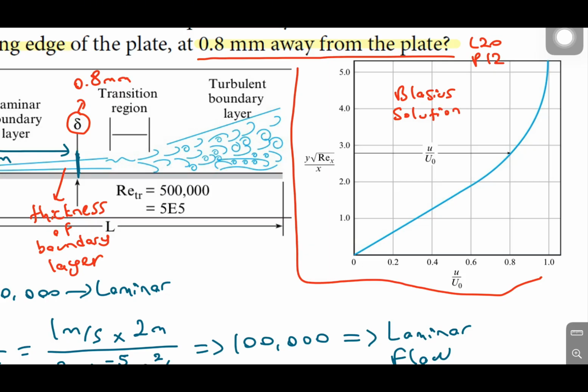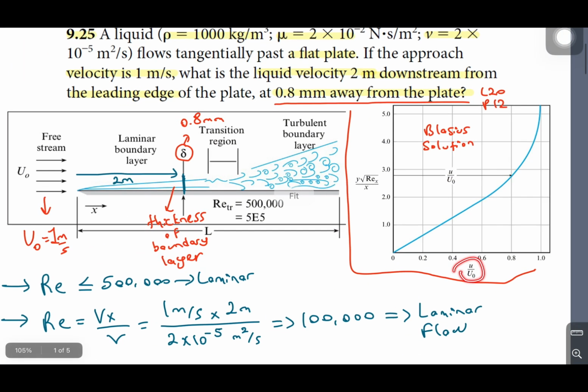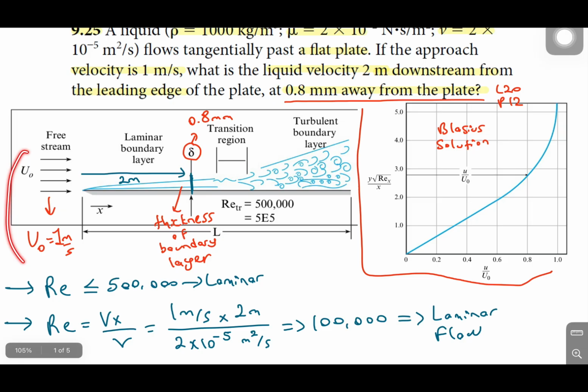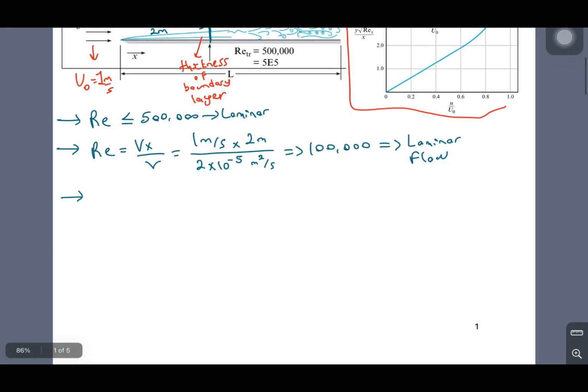Given the Reynolds number, the distance, and the thickness, we can get this ratio, which is the velocity at the given point divided by the free stream velocity, given as 1 meter per second. So we need to use that relationship.